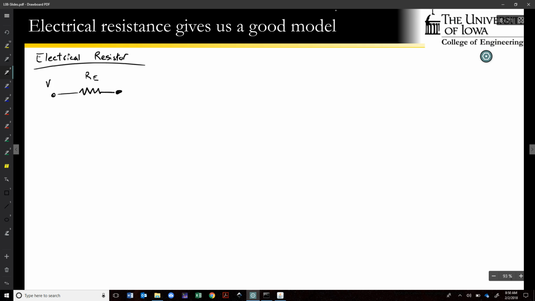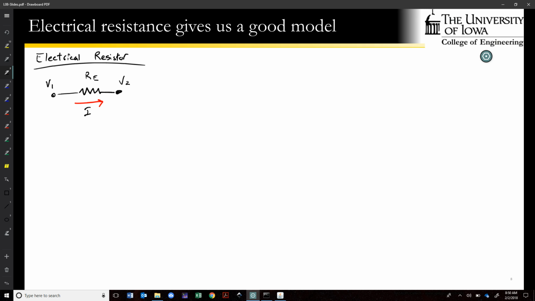We'll also say that it has some voltage potential at each of these ends, V1, V2. And assuming that V1 is greater than V2, it's going to push some current through the resistor, which we denote as I.